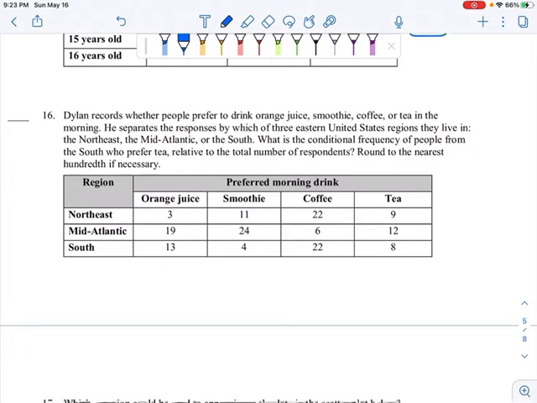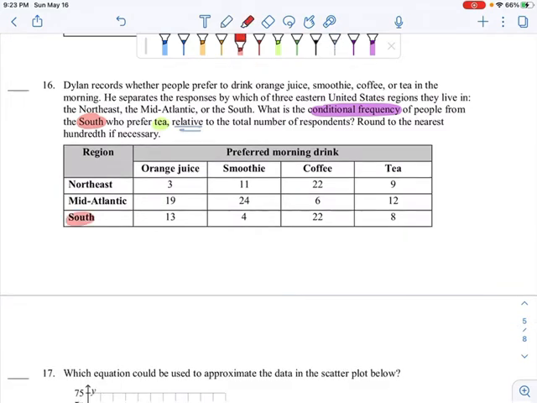So then it asks us, what is the conditional frequency of people from the South who prefer tea relative to the total number of respondents? So we need to first find the South who prefer tea. That number is 8.